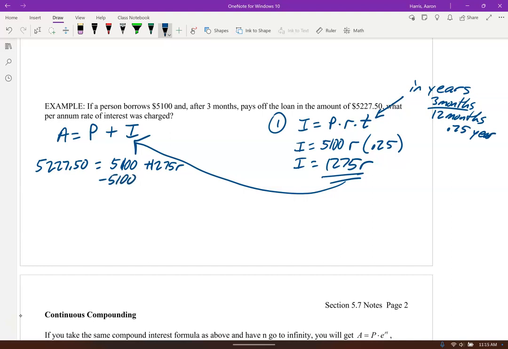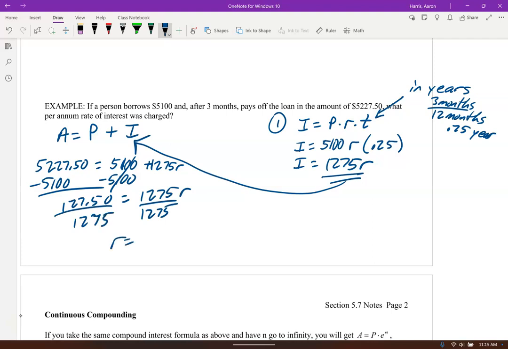We get 127.5 equals 1275 R, divided by 1275 on both sides, and we get 0.1. That's 0.10, in other words, 10%, or 10/100ths.